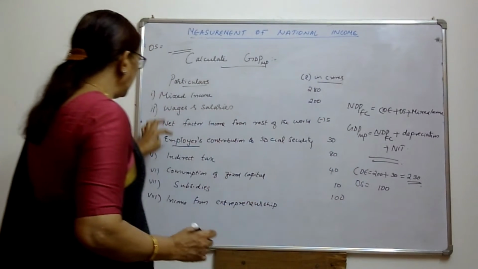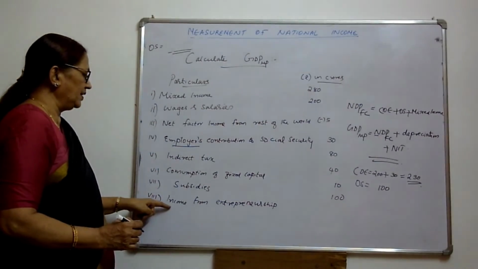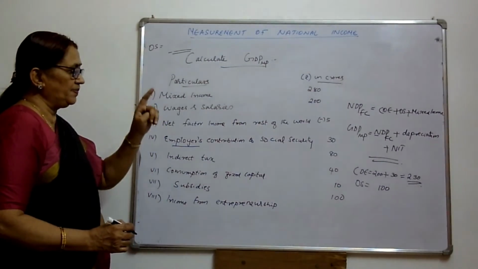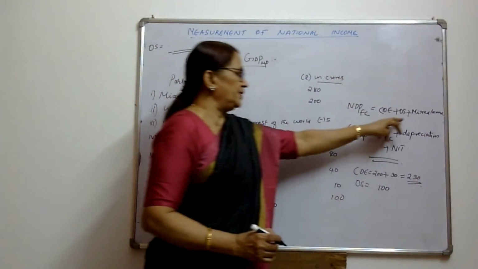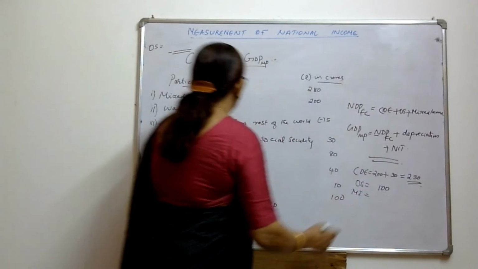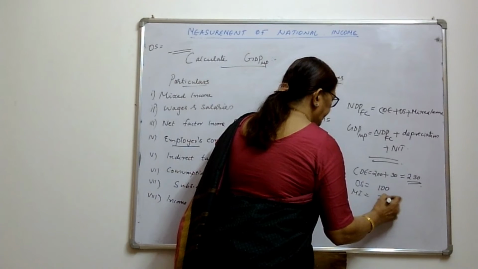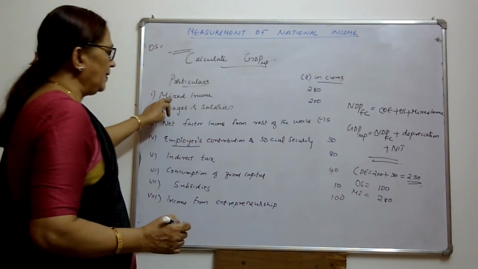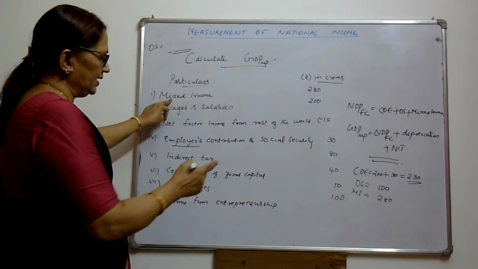Any other component of operating surplus given? It is not given. So compensation of employees plus operating surplus plus mixed income. What is mixed income? Mixed income is 280.